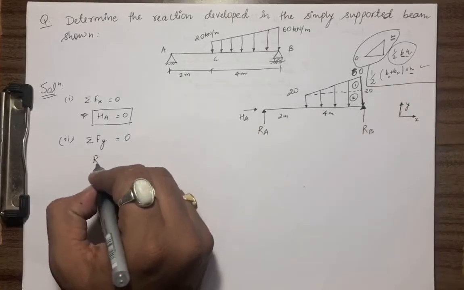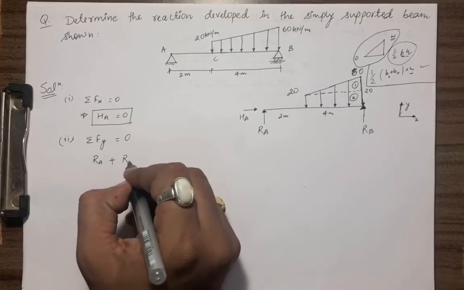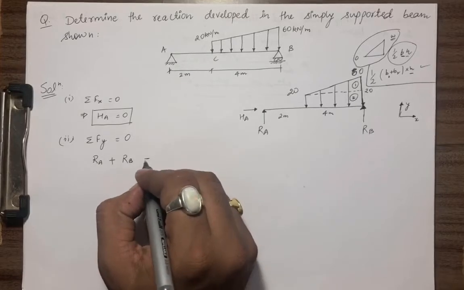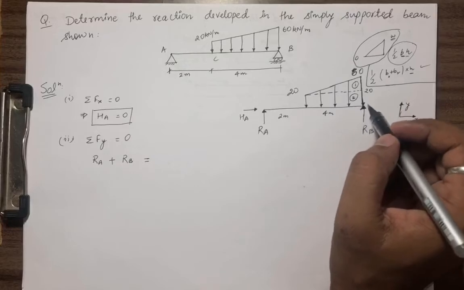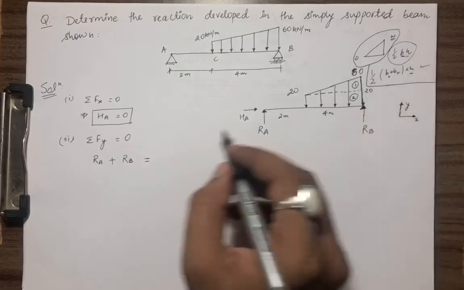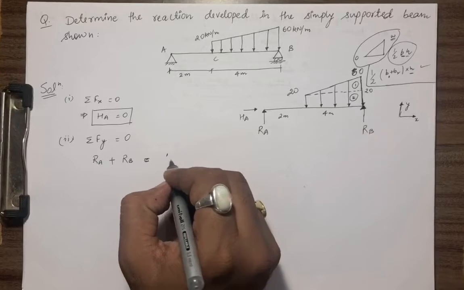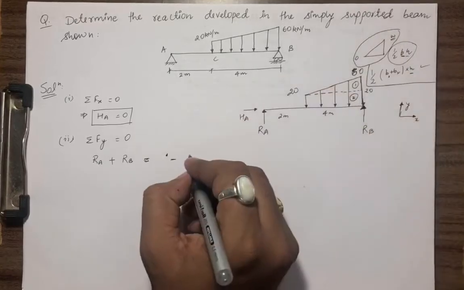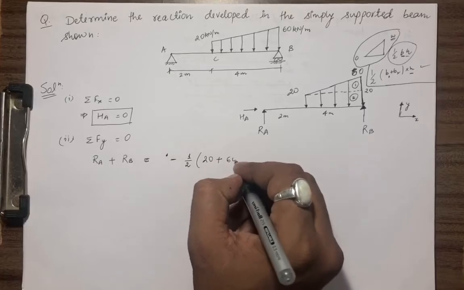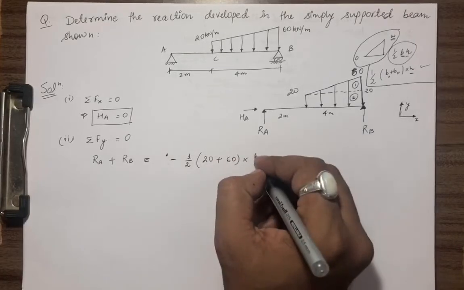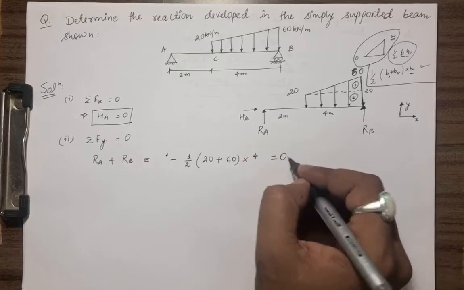So Ra plus Rb is equal to how much? Total loading is minus, this is in the opposite direction, half into 20 plus 60 multiplied by 4, will be equal to 0.